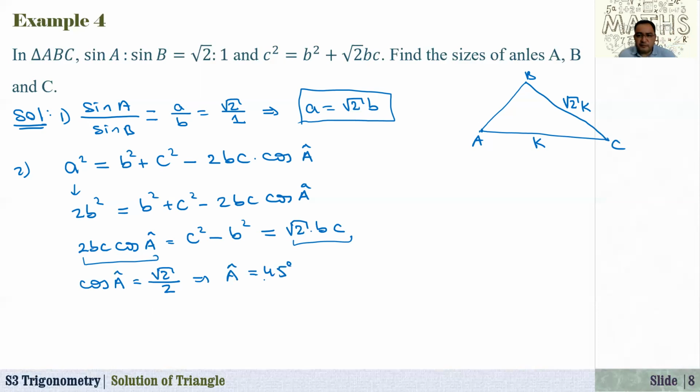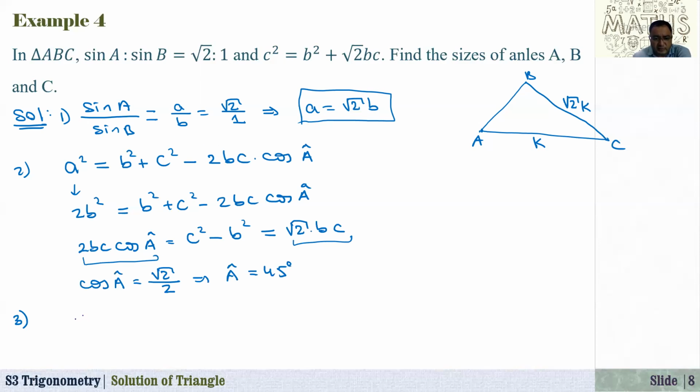If angle A is 45 degrees, then immediately I can find the size of angle B, using the first expression. What is sine of A? Sine of A is equal to cosine of A, 1 over square root of 2.